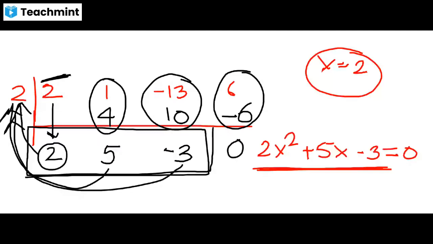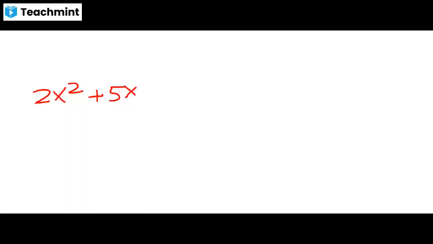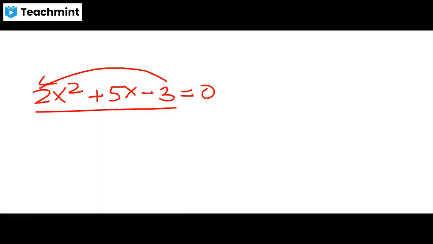So let's solve this equation. We can factorize it like this, as 2x square plus 5x minus 3 equal to 0. So we see here 3 twos are 6. We can factorize it, right? Or we can use one different approach.